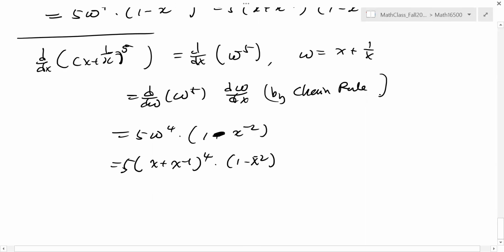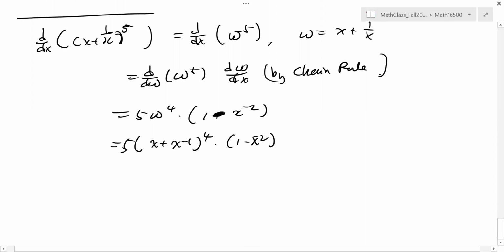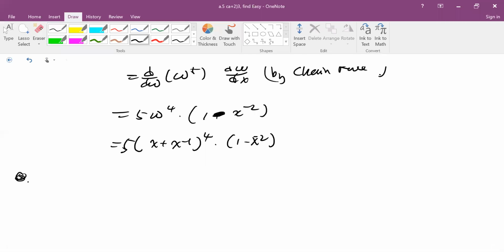There are other notations if it's a composite of two functions.